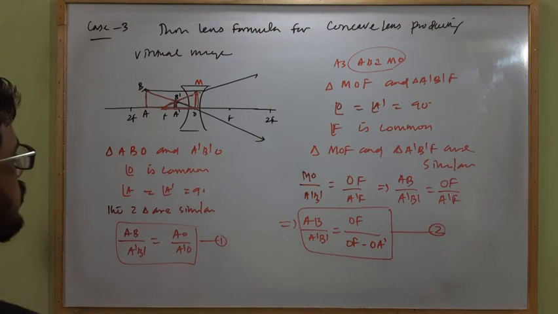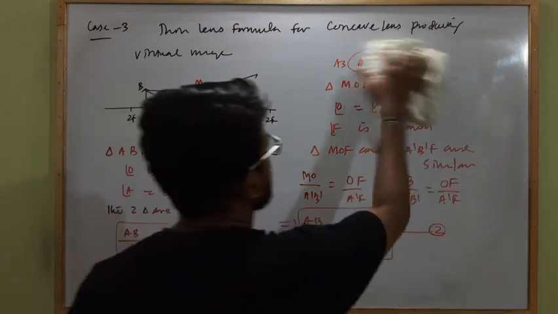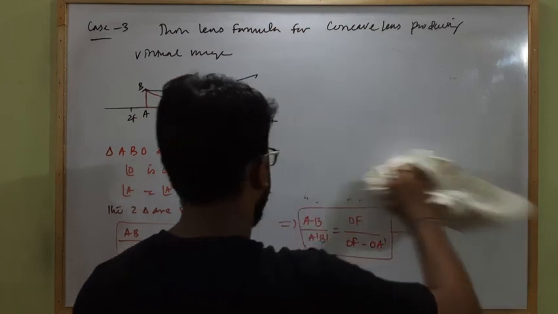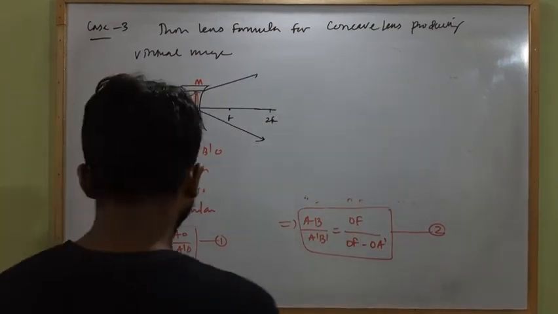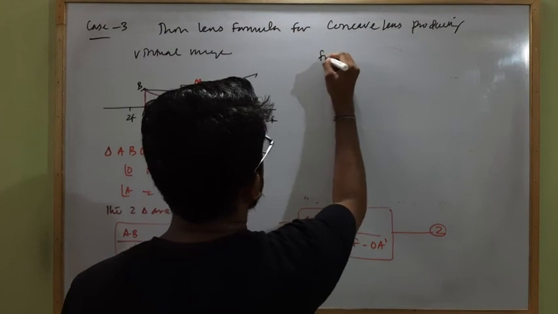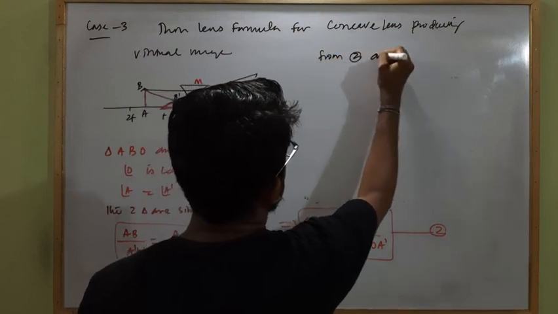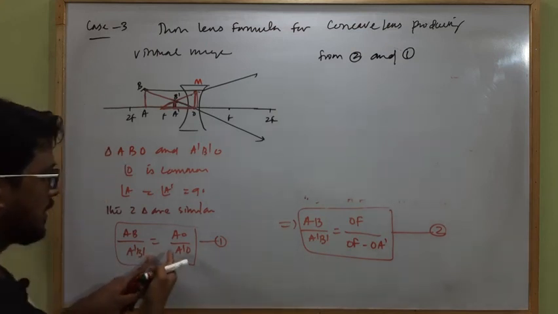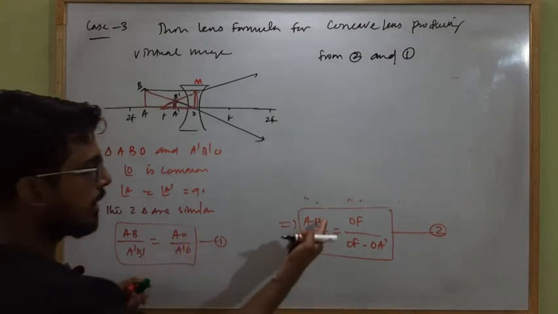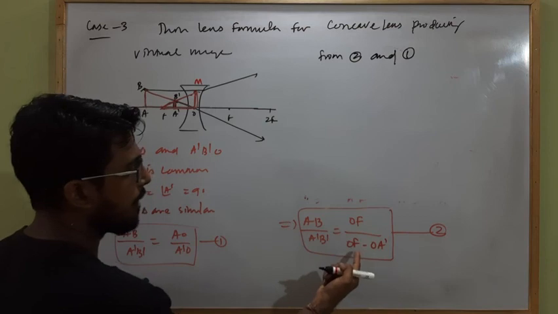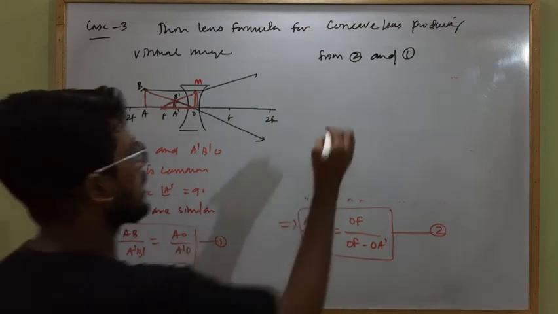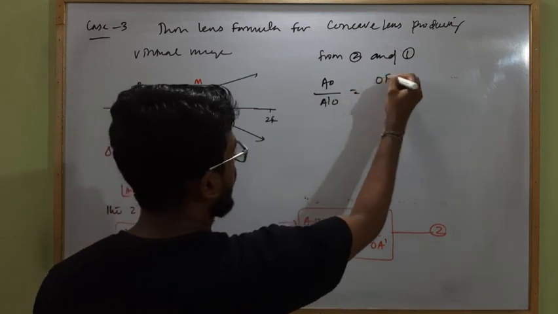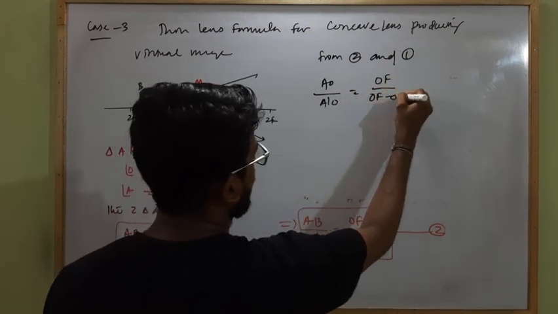So from equation 2 and 1 we will get AB by A dash B dash equal to AO by A dash O, and AB by A dash B dash equal to OF by OF minus OA dash. So AO by A dash O equal to OF divided by OF minus OA dash.